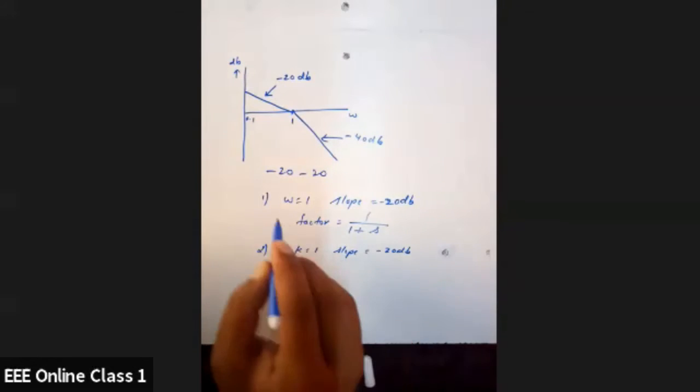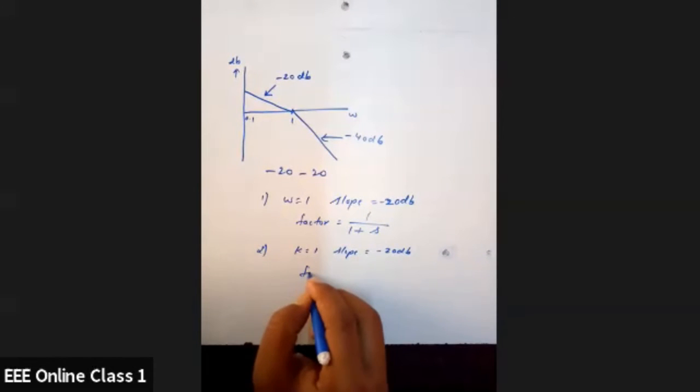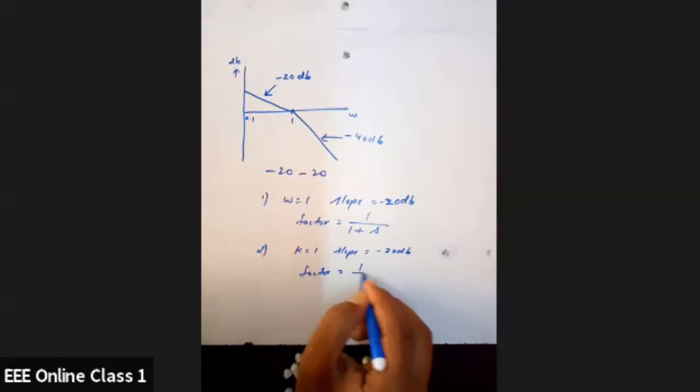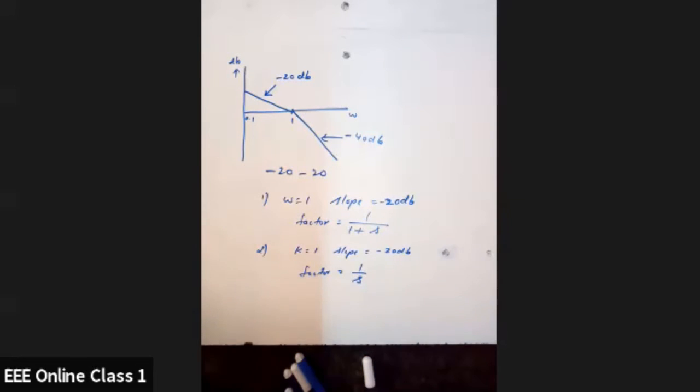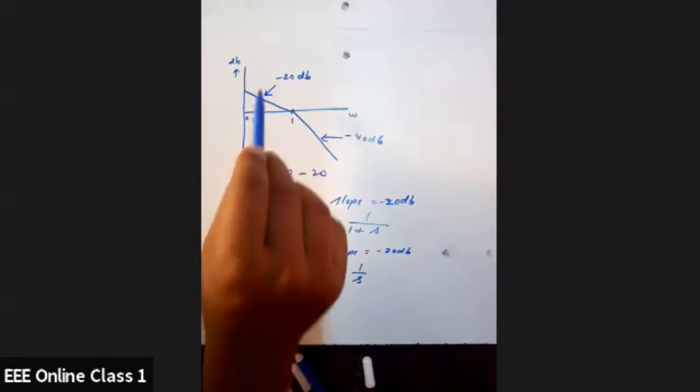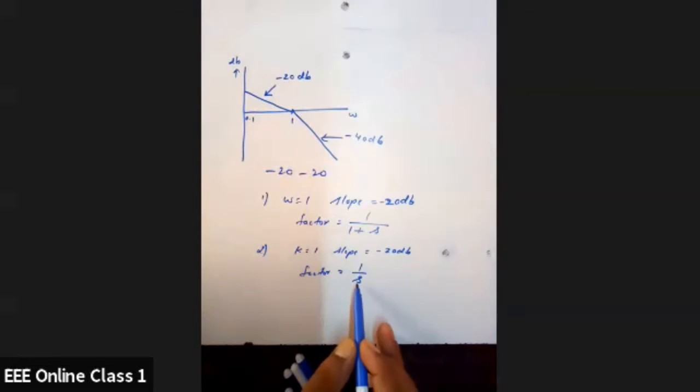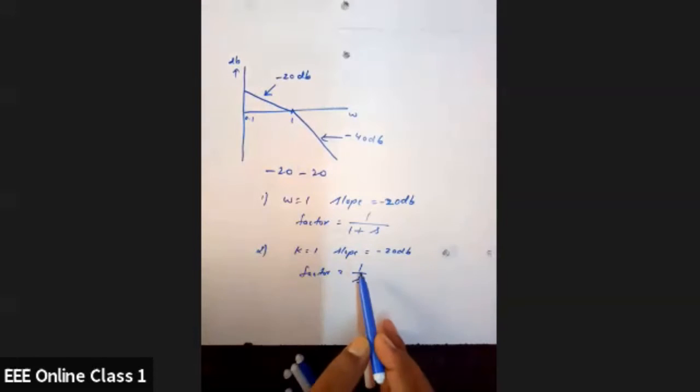Since this is the first line, our factor is 1 by S. Since it is minus 20, 1 by S. If it was minus 40, 1 by S square.